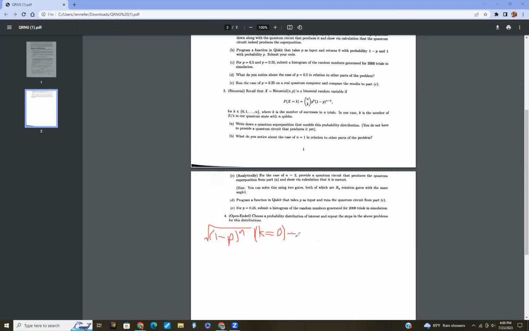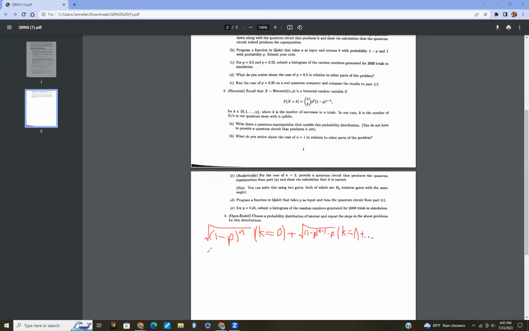Then plus the square root of 1 minus p to the n minus 1 times p for all states that have one 1 in them. So I'll just write that as k equals 1 in that case, and then plus, and then I'll do dots to represent changing.